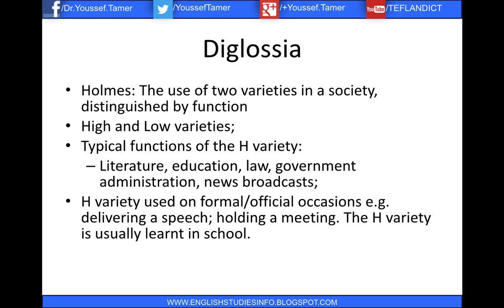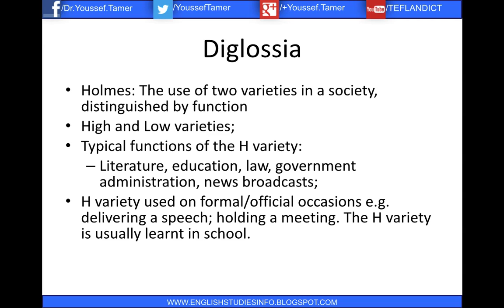We use Standard Arabic to do business, to go to the administration, papers, bureaucracy, media, writing, literature, etc. But we use Moroccan Arabic for buying and selling, for everyday life communication, for friends, cafes, intimate contexts, etc. High and low varieties.